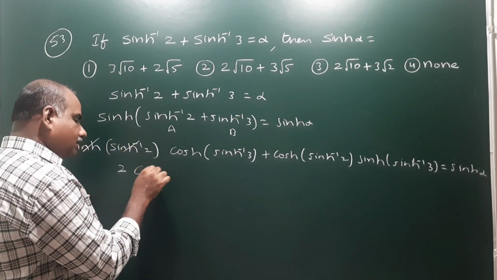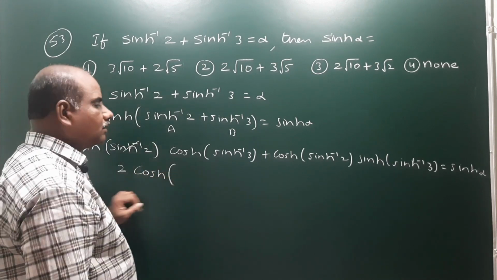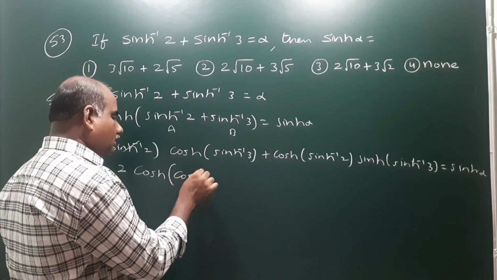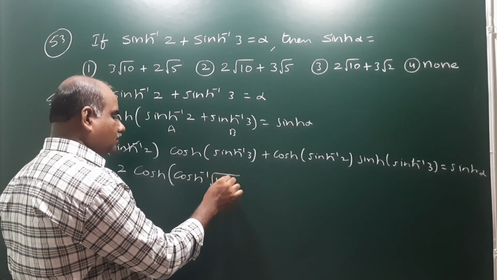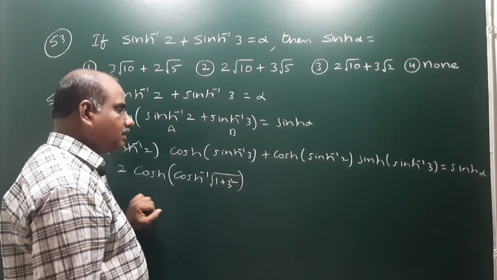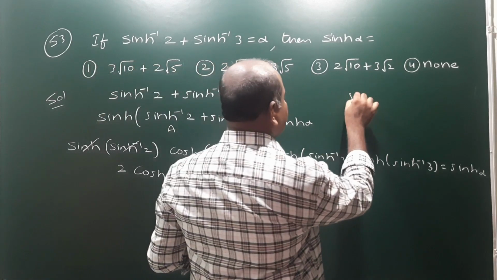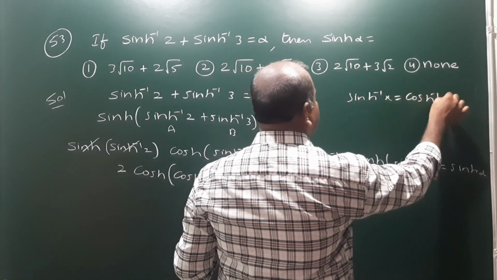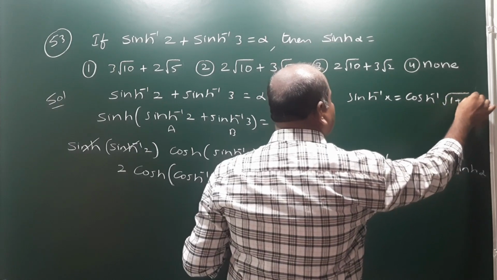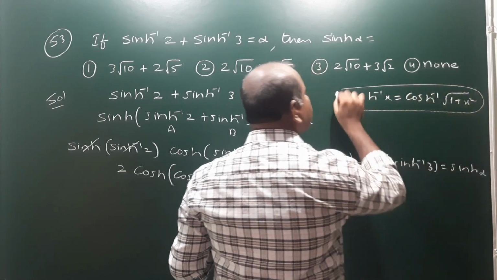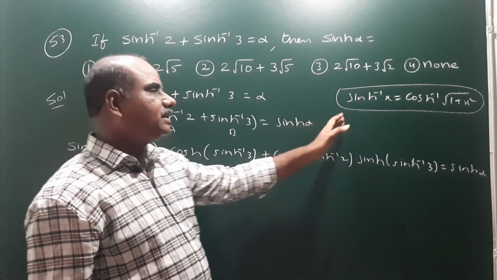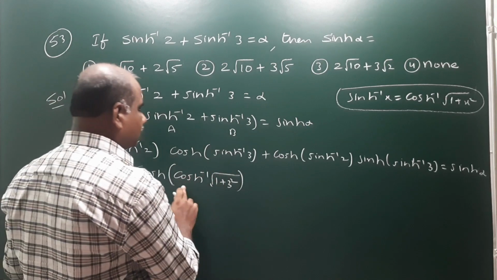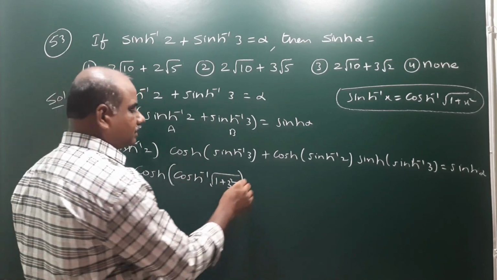The formula is: if you convert this into cosh inverse, sinh inverse x is equal to cosh inverse root of 1 plus x square. This is the conversion from sinh inverse to cosh inverse. So we have to write this as cosh inverse root of 1 plus 3 square.